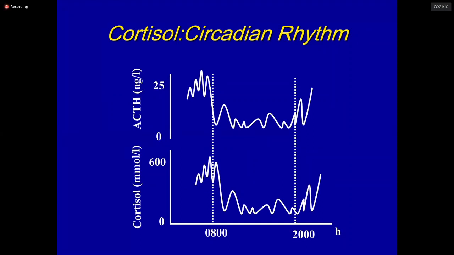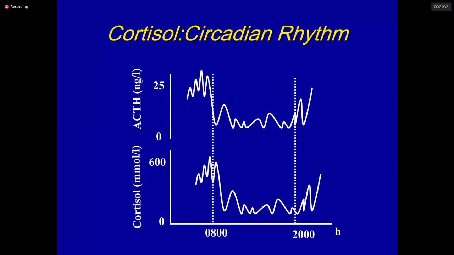In order to check the level of cortisol, we should remember the physiology again, and the circadian rhythm, which says that cortisol is secreted in high amounts early in the morning. Around 8 a.m., there will be the peak levels of cortisol and ACTH.